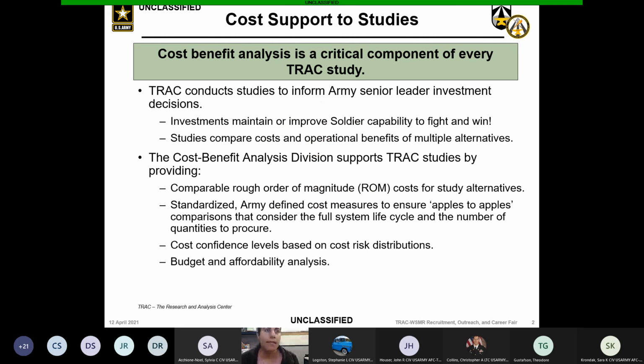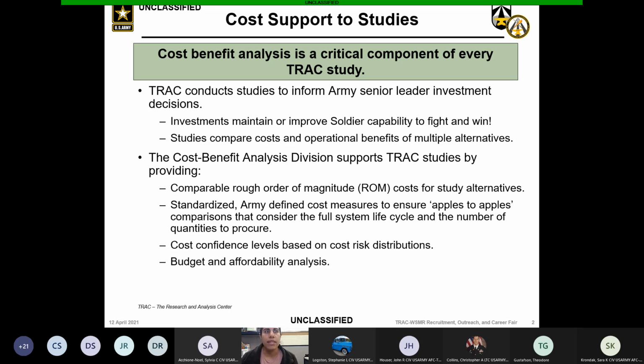Cost benefit analysis is a critical part of all TRAC studies. Our studies are able to inform Army senior leader investment decisions. And by Army senior leader, I mean the Secretary of Defense, Secretary of the Army, Chief of Staff, or a 3- or 4-star general.